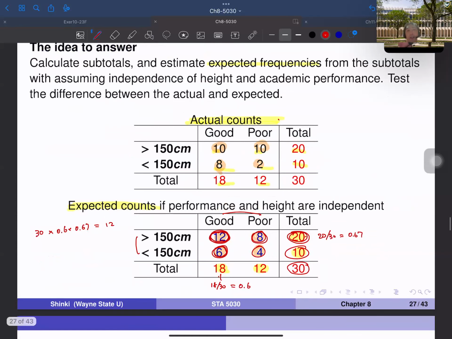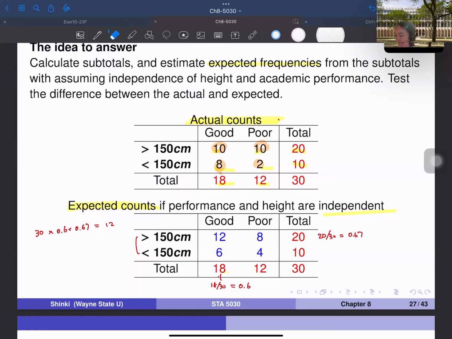The idea is to compare these actual counts with expected counts under the independence assumption of the two factors. This is the table we saw last time. Suppose that these marginal numbers are given.